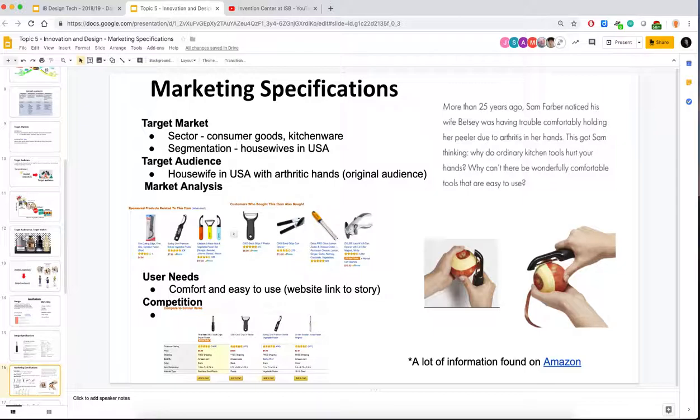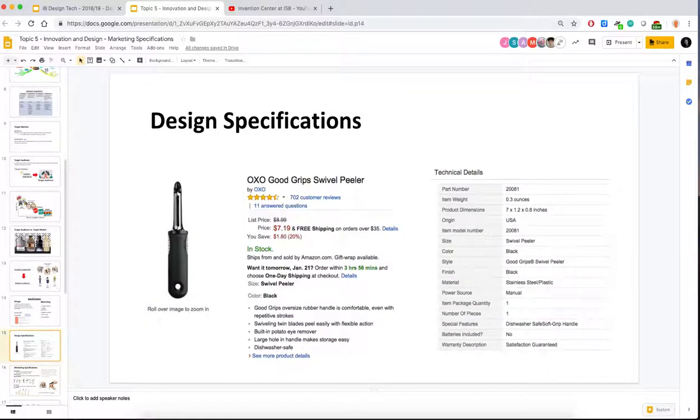Even more specific. And what are the user needs? Comfort and ease of use. They have this big story on their website about how they want to do it. And then Amazon also shows the competition. Whenever you create something, you can see the different prices and what other people's reviews say. So that's the difference between design and market.